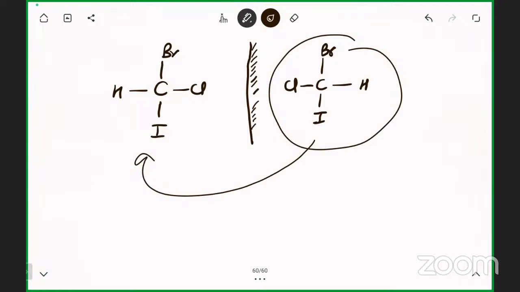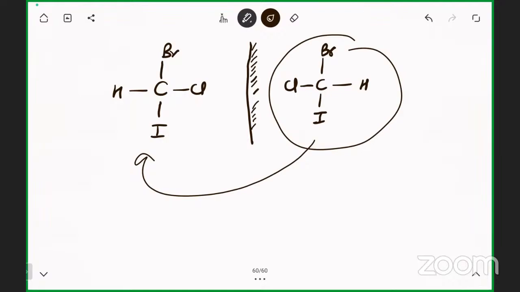The side ones will not cover the atoms. Hydrogen will not cover the chlorine, and chlorine will not cover the hydrogen atom. So we cannot say they will superimpose each other. If they are not superimposing each other, it means they are non-superimposable. Am I correct?